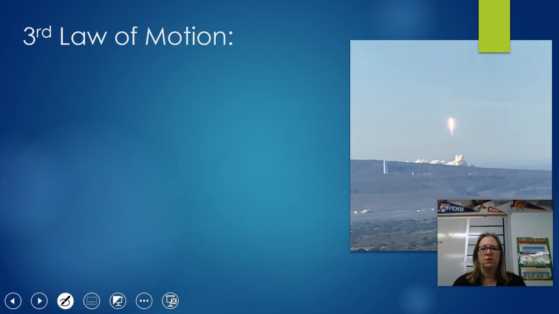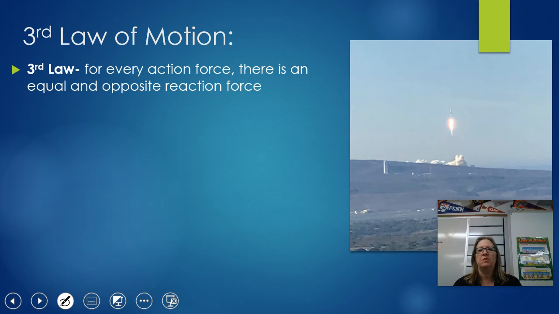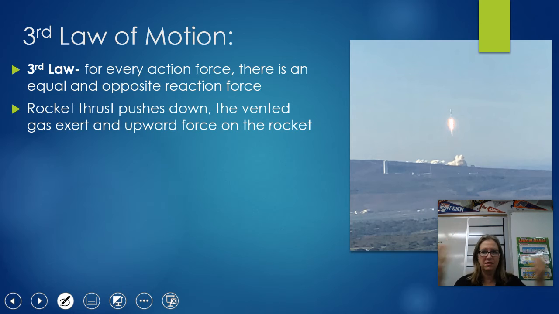All right, third law of motion, cruising along, okay? This one is simply stated: for every action, there's an equal and opposite reaction, okay? It's also known as the action-reaction principle. And this is how rockets work. That's my SpaceX rocket that I got to see a little while ago. What's happening is the rocket is shooting all kinds of fuel in a downward direction, okay?